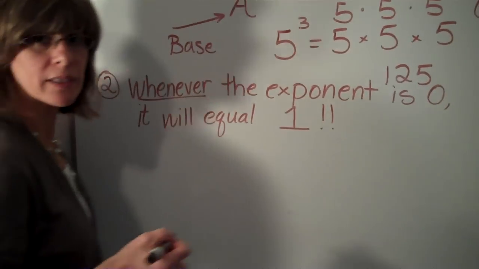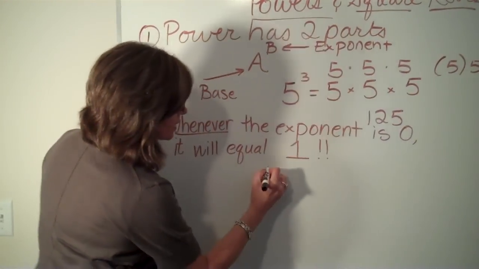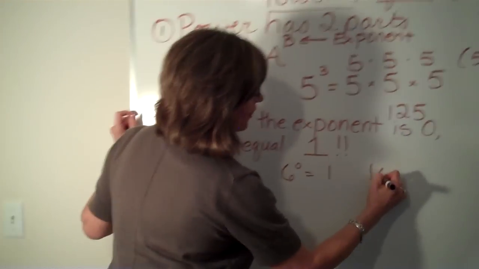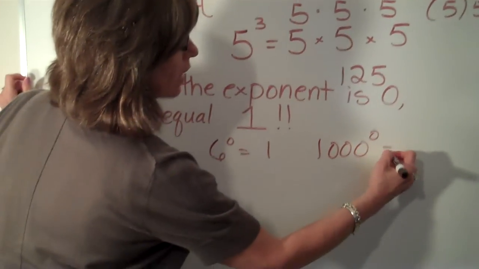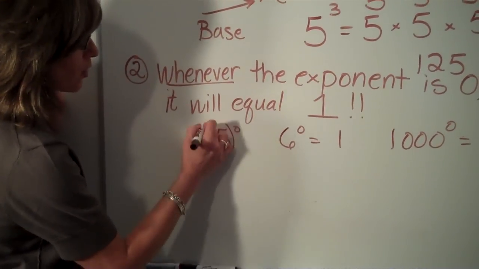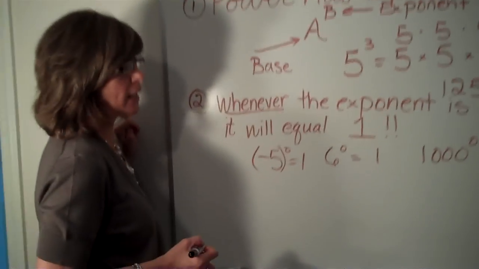This is very important, and this is something that not only 7th graders forget, but adults forget. So that means 6 to the 0 power equals 1. 1,000 to the 0 power equals 1. Negative 5 to the 0 power equals 1. Anything to the 0 power equals 1.